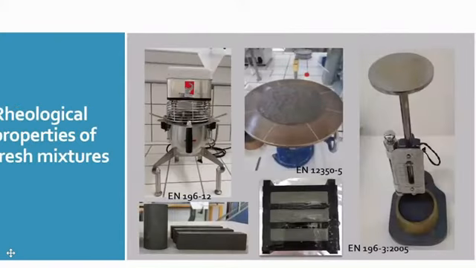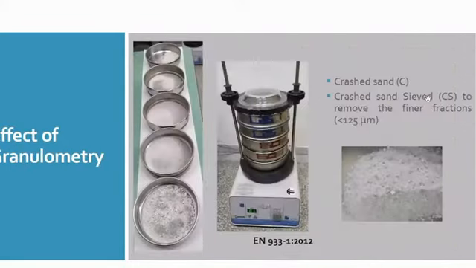We used typical equipment for the preparation of mortar mixtures according to relevant standards, and two standard methods for the measurement of fresh properties of mortar mixtures, namely the flow table test and the Vicat test. We examined the granulometry of the natural sand that we used as reference sand, and the granulometry of the crushed sand we received from the plant.